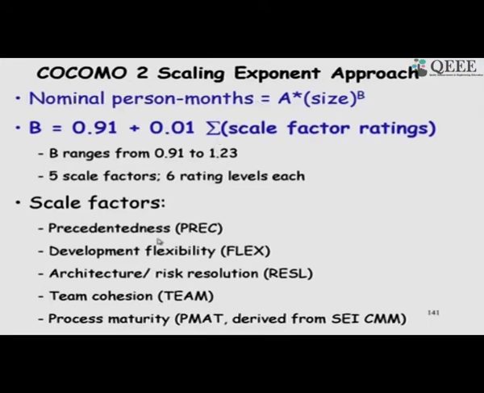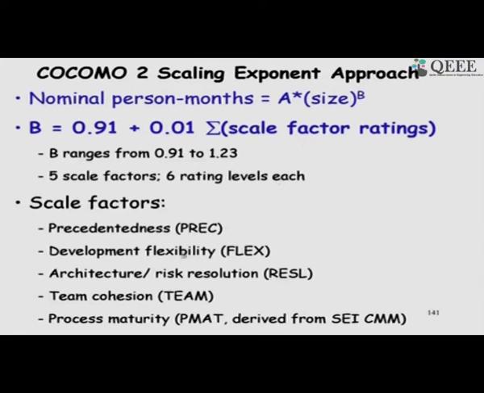So, if we do not have much experience in the software, it will become larger, not 0.91. 0.91 is if all of them are favorable to the maximum. So, it will be a times size to the power 0.91.